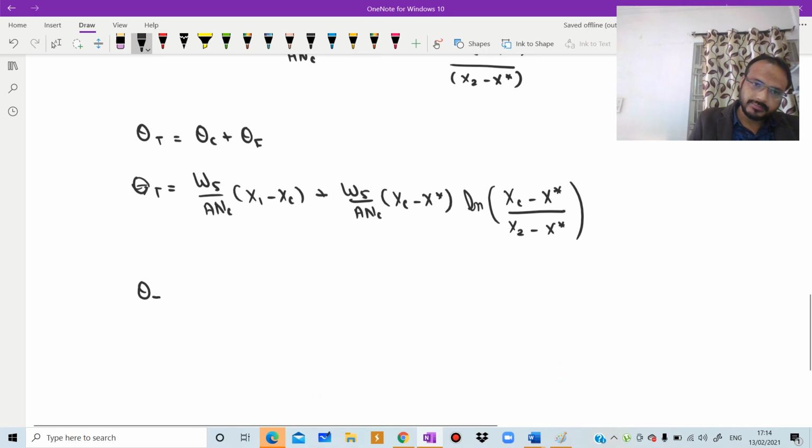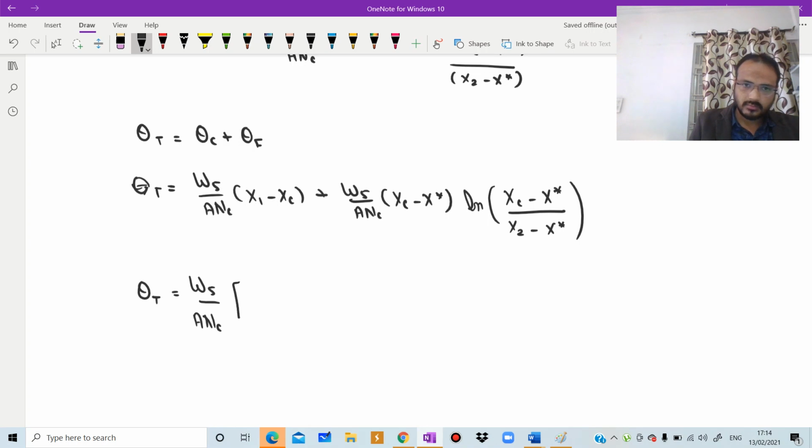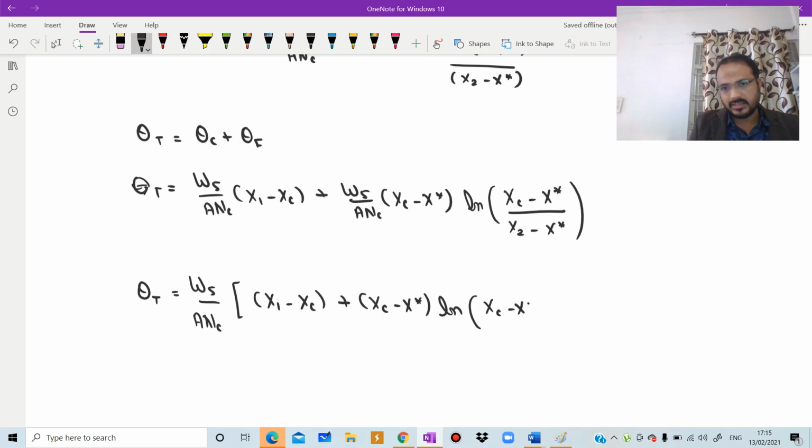Now we can take common. Theta t is equal to Ws by A NC, and we will get x1 minus xc plus xc minus x star, ln of xc minus x star divided by x2 minus x star.